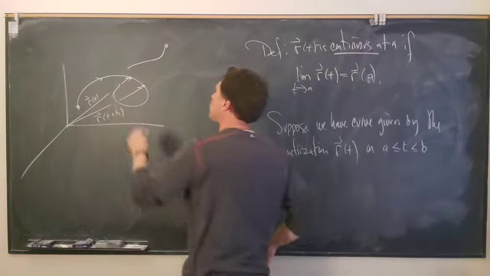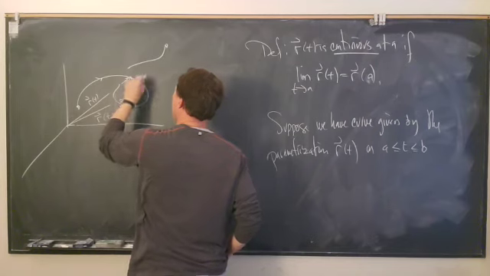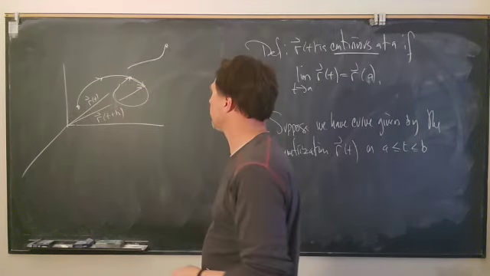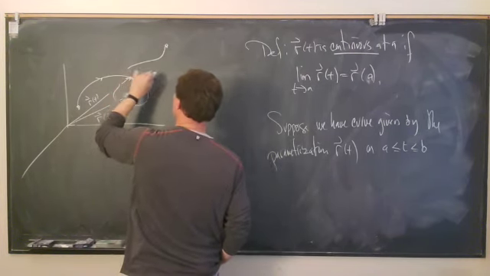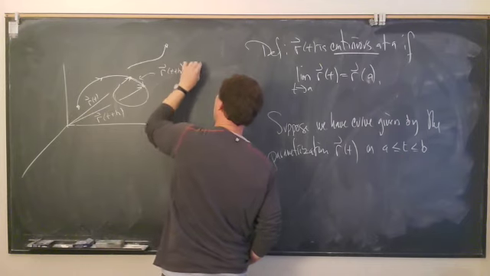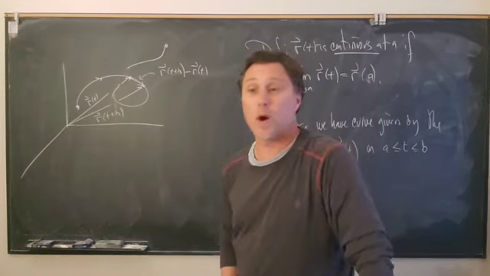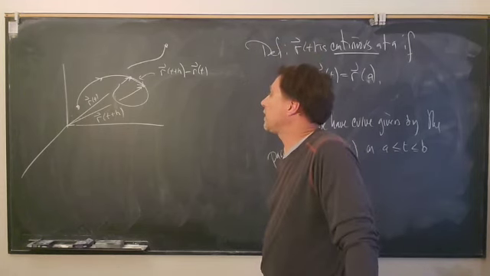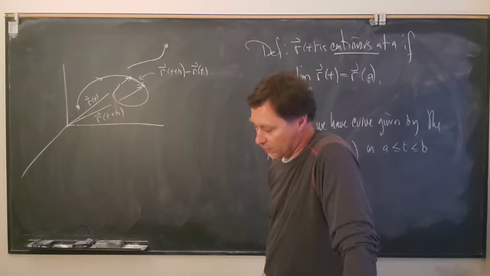Now, if we join those two vectors, this vector right here is r(t plus h) minus r(t). And maybe you can see where I'm going with this now. What I want to do is take the limit. I want to get closer and closer and closer. And this is going to allow us to define the derivative.